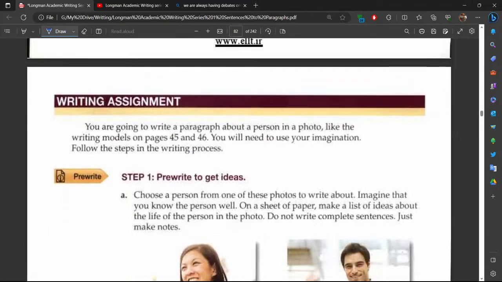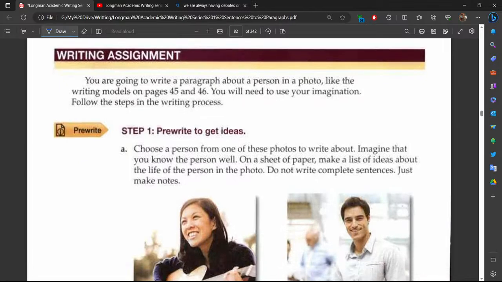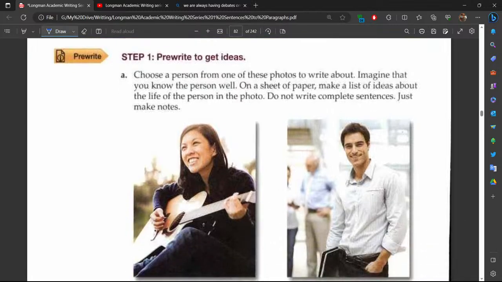let's go on. Talk about the writing assignment that we are having now here on page 64. You're going to write a paragraph about a person in a photo, like the writing models on page 45 and page 46. You will need to use your imagination, follow the steps in the writing process. Pre-write to get ideas.